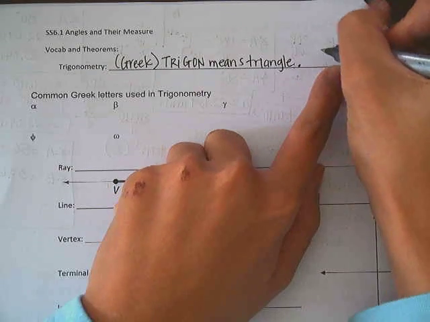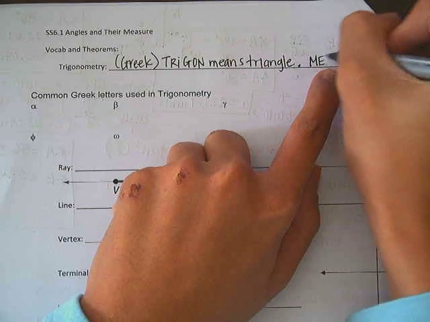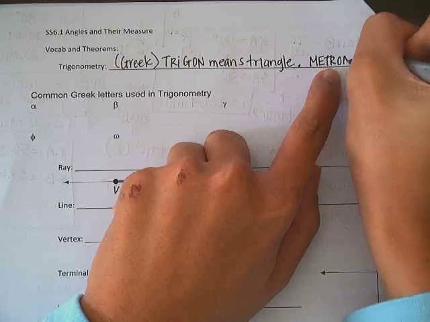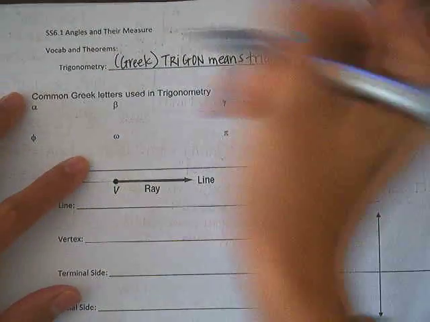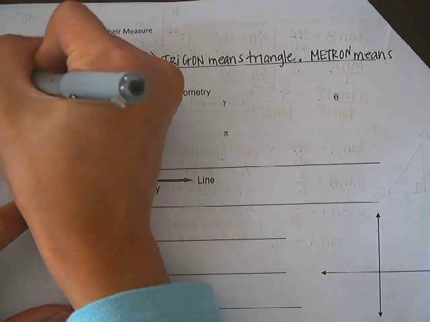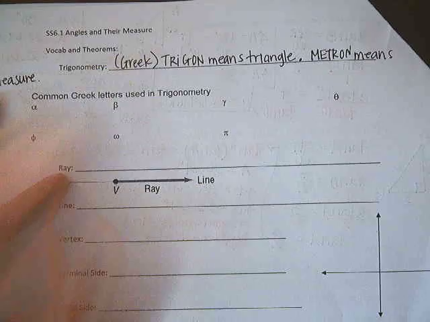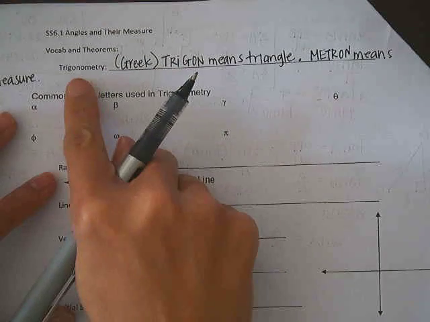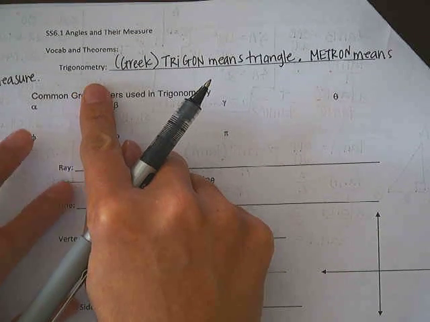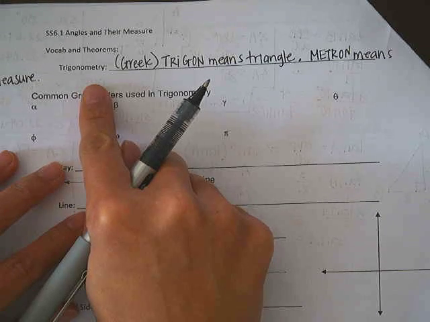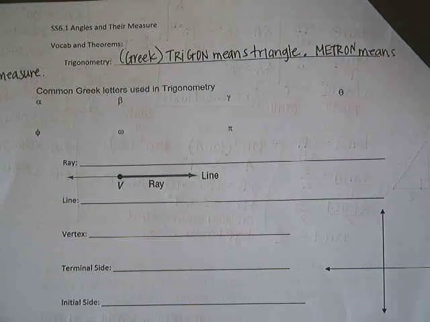And metron means measure. If I were to put these together, it's the study of sides and angles of triangles.